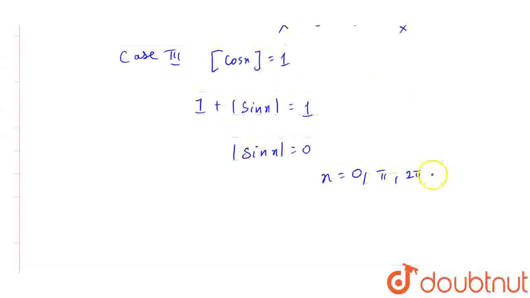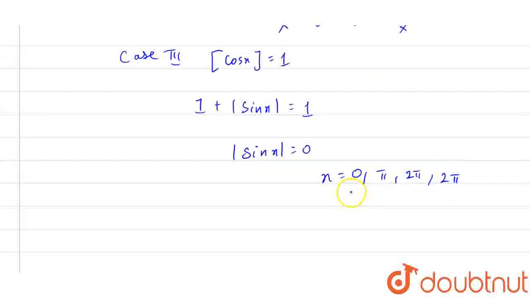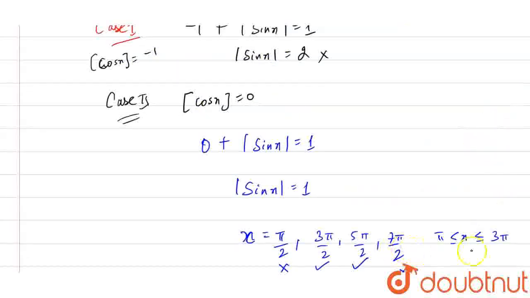We can't take 0 and 4 pi because x is between pi and 3 pi, as given in the question. We only take pi, 2 pi and 3 pi. So we get 3 values from here and 2 values from case 2.